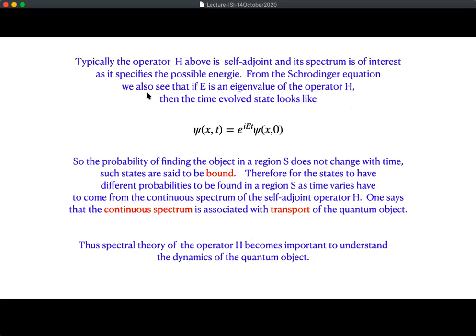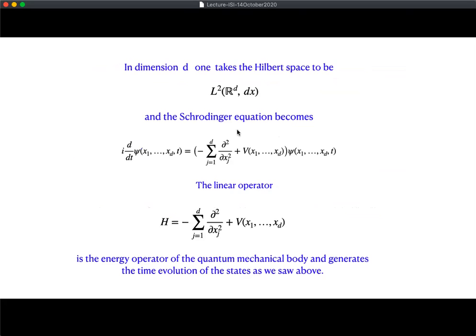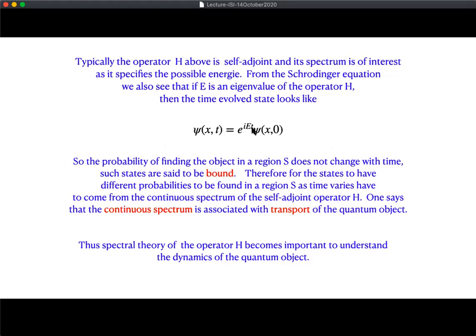From the Schrodinger equation, we also see that if E is an eigenvalue of the operator H, then the time evolved state looks like psi of x, t equals e to the power minus iEt times psi of x, 0. In this equation, if the whole operator acting on the state gives you a number, then the solution is exactly this, because it's a linear operator.